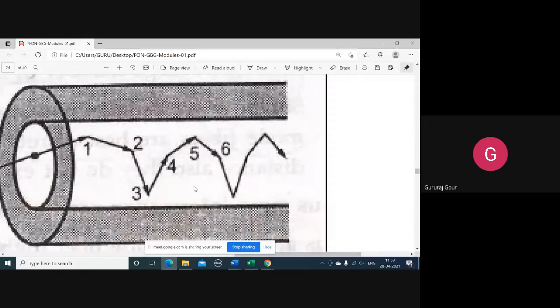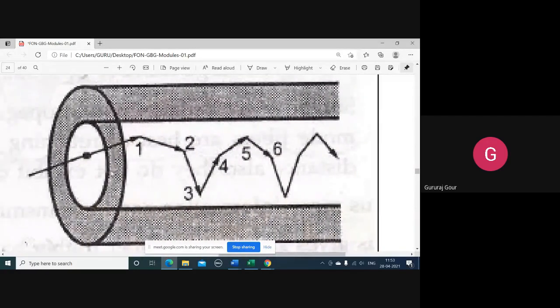The side view, if you look at this one, shows the path of propagation for the skew ray. That is why it is known as a skew ray. Very randomly, it is going to change its direction of propagation. One important thing you have to remember here: this path is always confined to the boundary, or the wall, of the core. It is not going to cross the fiber axis.